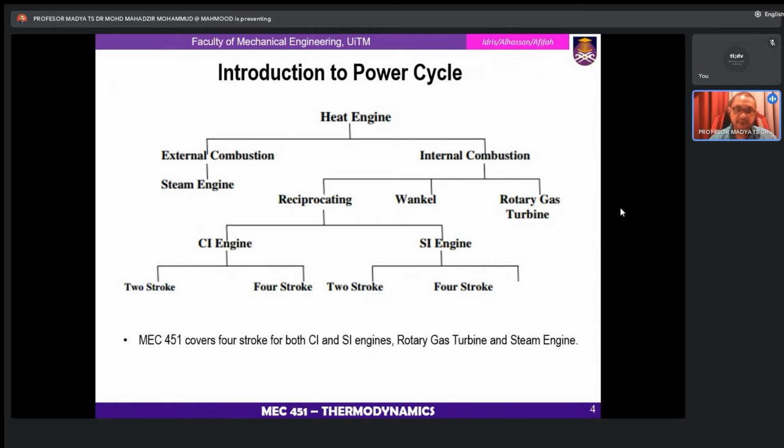For reciprocating, we have two types of engines: CI engines, that means compression ignition engines, and SI engines, that means spark ignition engines. And for these two engines, the process can be divided into two-stroke or four-stroke. Okay, for this thermodynamics one, we will focus more on the four-stroke engines.